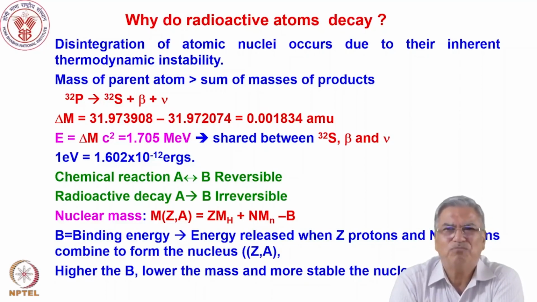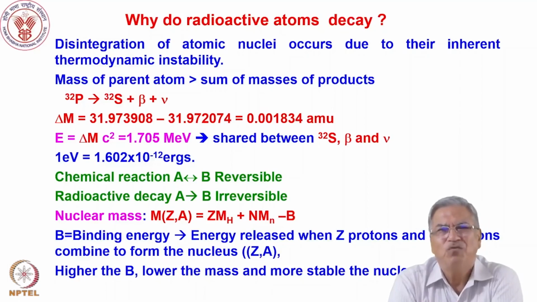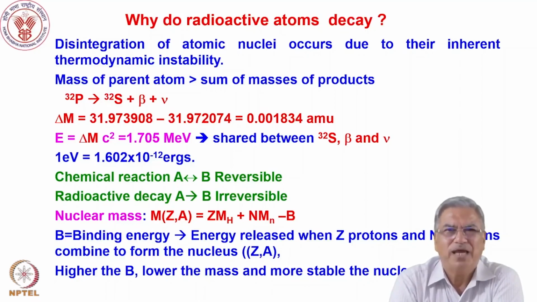This concept of binding energy comes from the fact that when you combine Z protons and N neutrons to form a nucleus having mass m(Z, A), an energy equivalent to B is released.